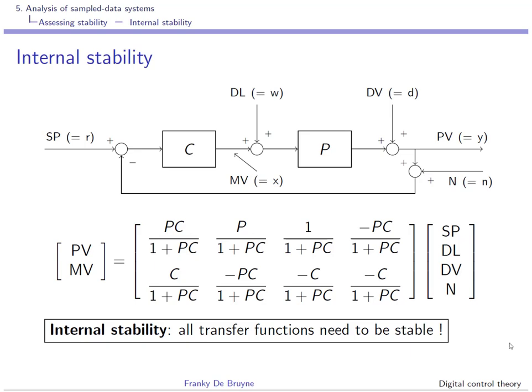Note that you have to be able to reconstruct this transfer matrix over here and find the different transfer functions. By the way, this transfer matrix is valid in the case of a single input, single output system.